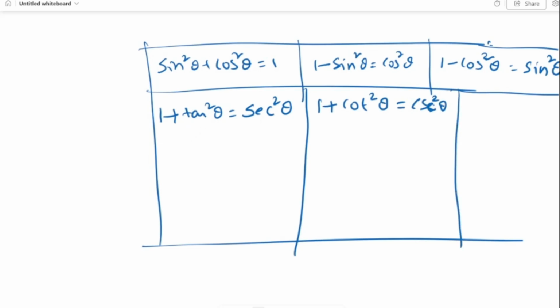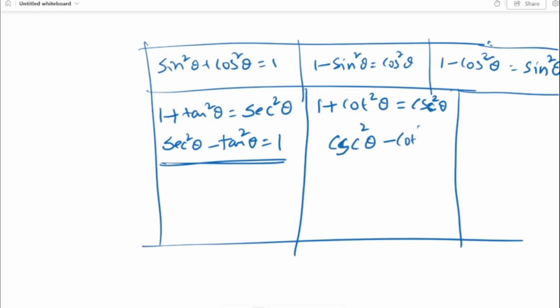You can rewrite this as secant square theta minus tan square theta is 1. Cosecant square theta minus cot square theta is 1.